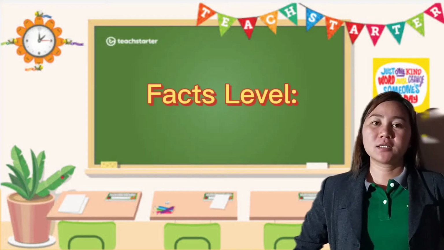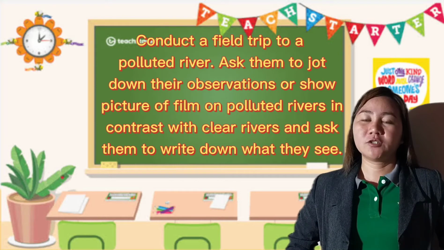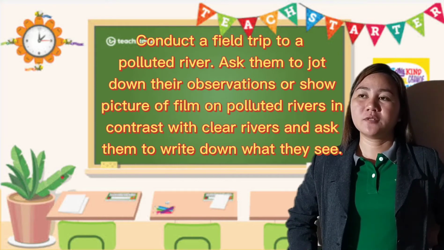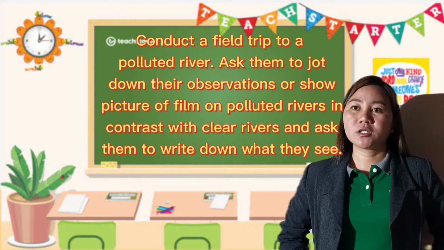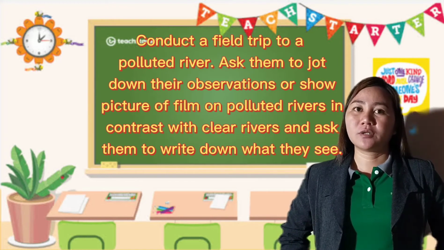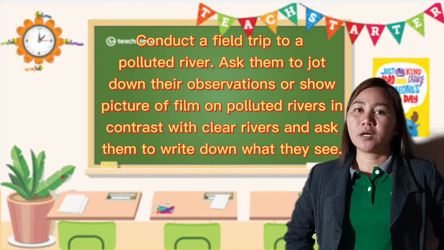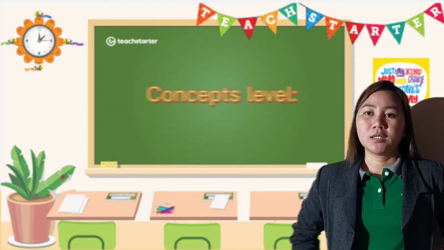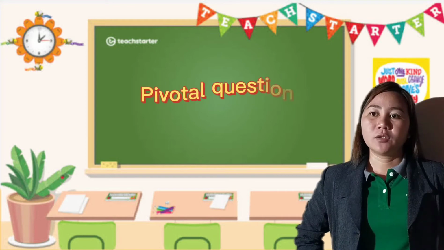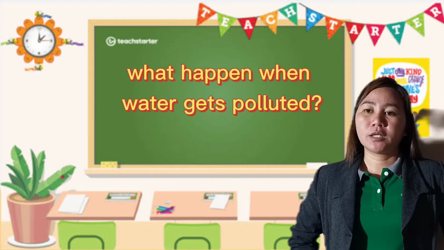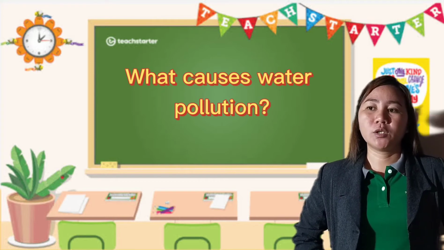Procedure. Facts level: conduct a field trip to a polluted river. Ask them to jot down their observations, or show pictures or a film on polluted rivers and contrast them with clear rivers, and ask them to write down what they see. The concepts level, pivotal questions: What happens when water gets polluted? What causes water pollution?